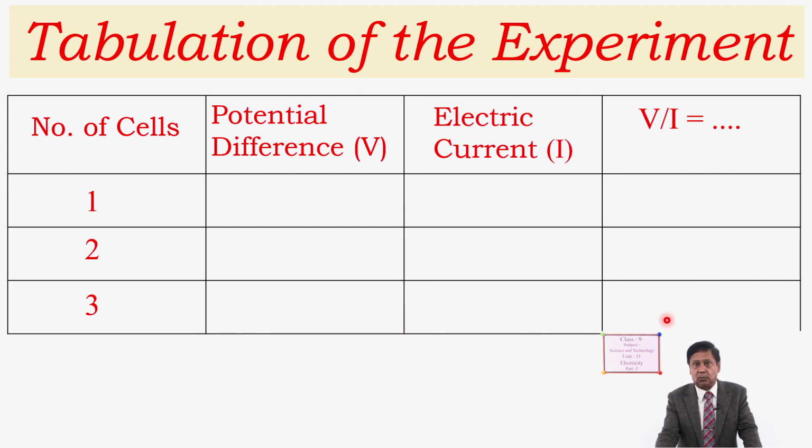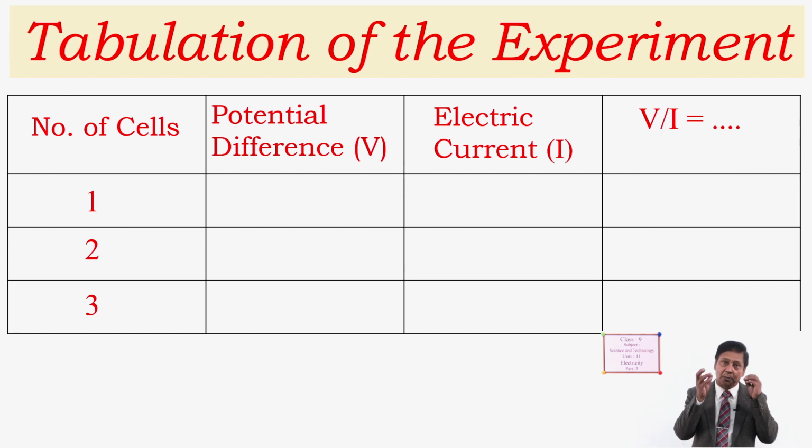In all the cases, the ratio of V by I is named resistance; later I will talk about resistance in detail. Resistance is found to be the same. So the ratio of V by I is equal to resistance, and potential difference is directly proportional to current. This declaration of Ohm was taken as Ohm's law.